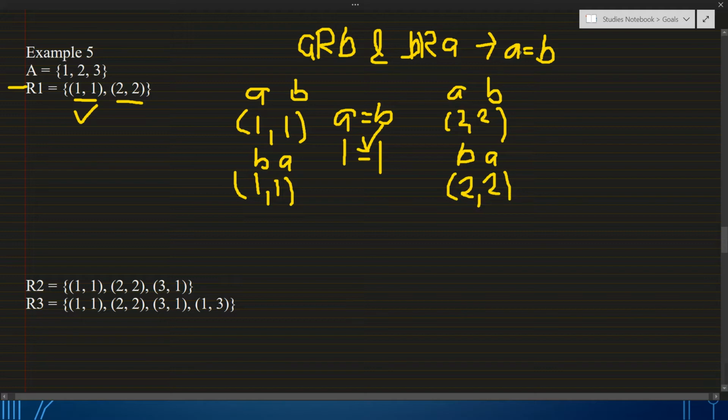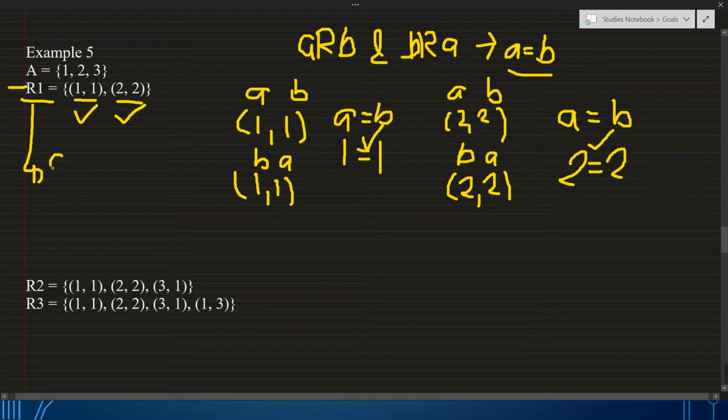The next critical part: A must equal B. Is 2 equal to 2? Yes. So (2, 2) is antisymmetric. This is a check. Thus R1 is antisymmetric.